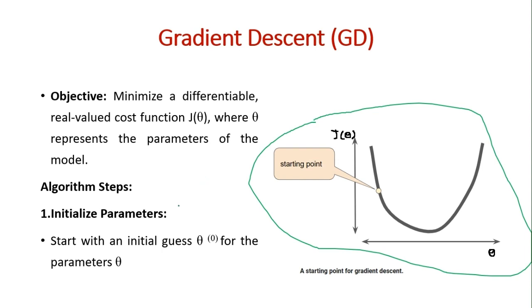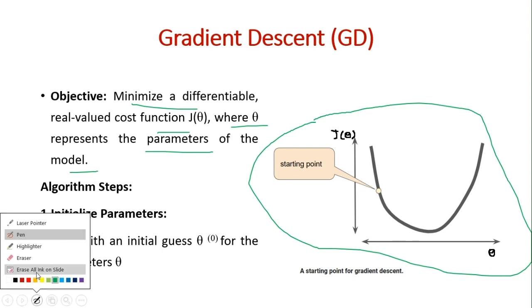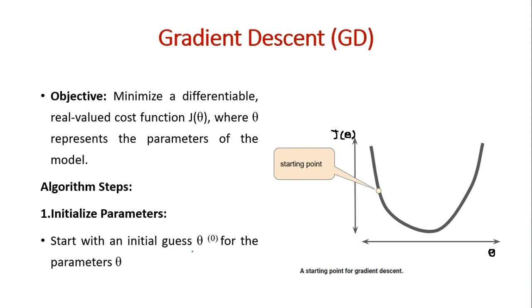Now in the gradient descent algorithm, we will minimize the cost function j of theta, where theta represents the parameters. Now, what are the steps? First of all, this is actually important. First of all, we will give an initial value of theta, theta 0, an initial guess.